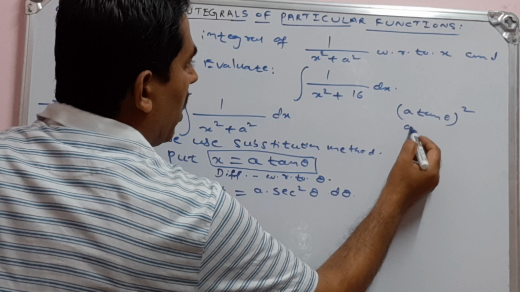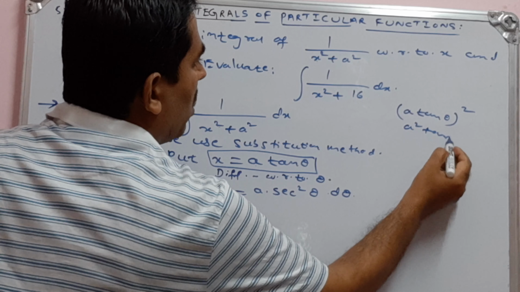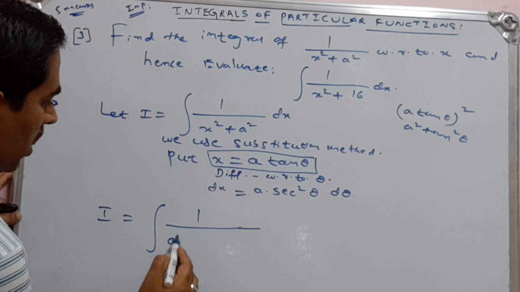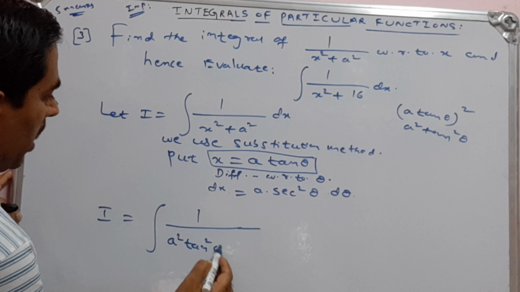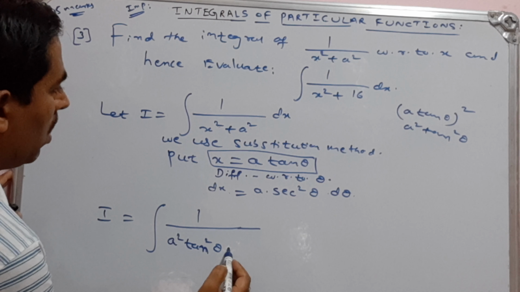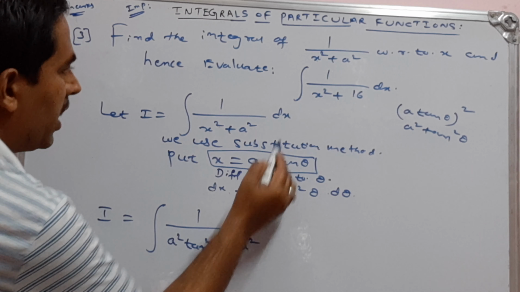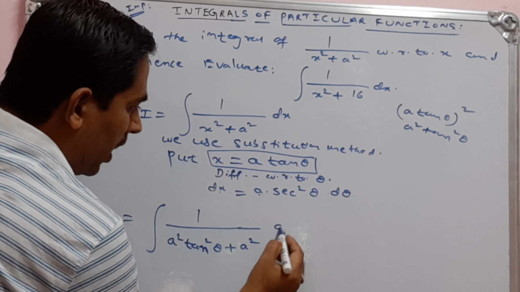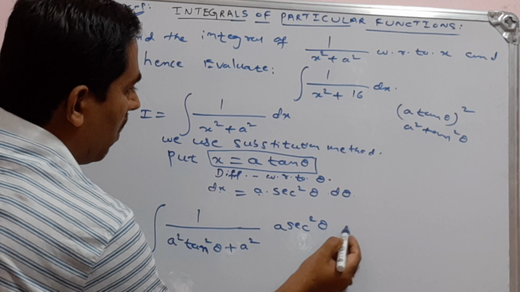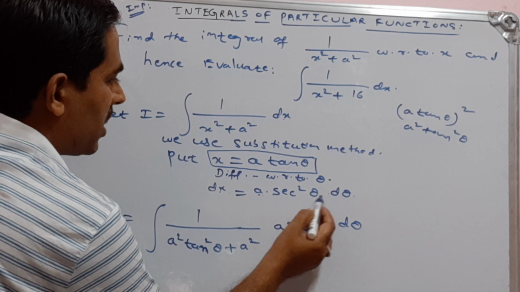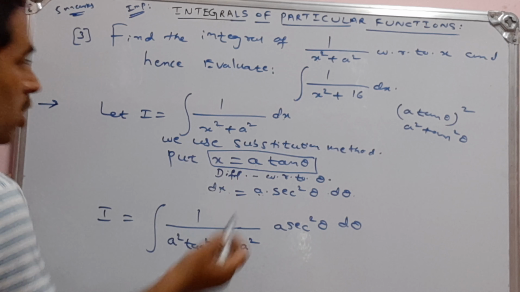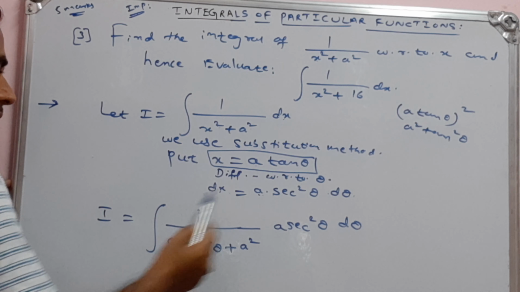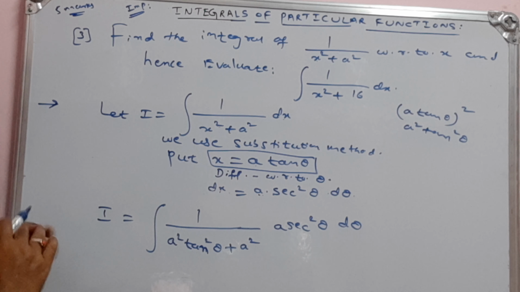Observe this, a square, tan theta whole square means what? Tan square theta. So that is a square tan square theta plus this a square as it is. See, dx is there. So dx means a secant square theta into d theta. I have substituted this. So my integral becomes in terms of theta. Then we shall continue.